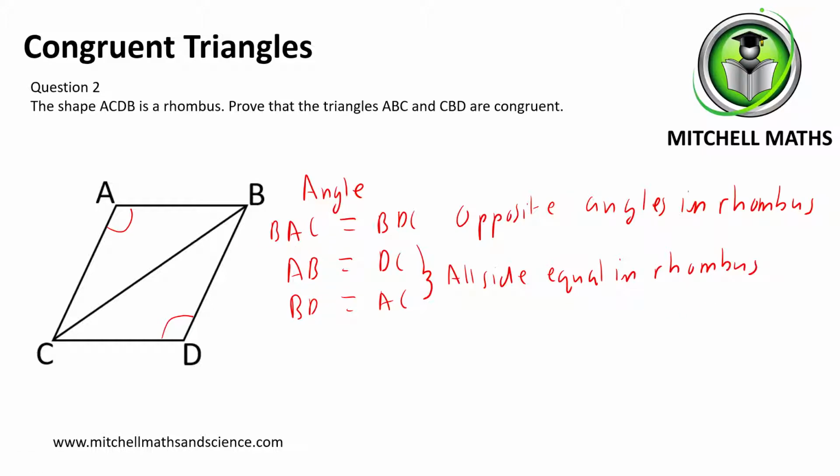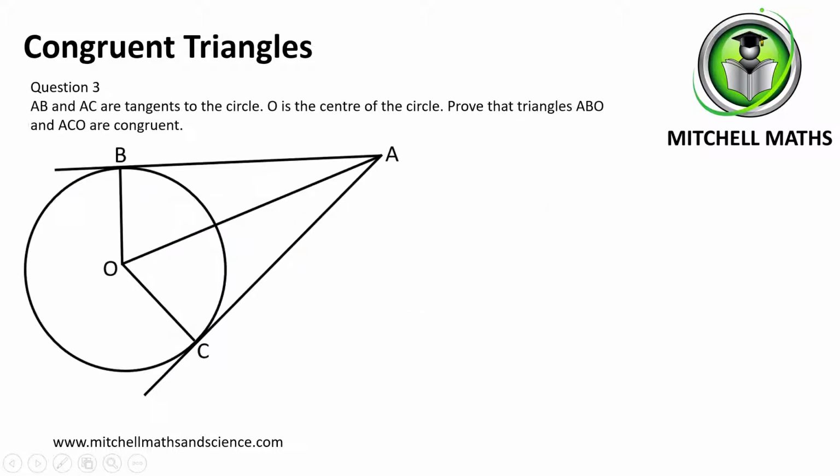So what we've done here is we've proved that that's equal to that, and that this is equal to this, which means we've got side, angle, side, because we've got two sides and the angle in between them. So our proof is side, angle, side. We've proved that those two triangles are congruent, the same. You could also do side, side, side, because you could say that BC is equal to BC, and because you know that length in the middle is the same length in both triangles.